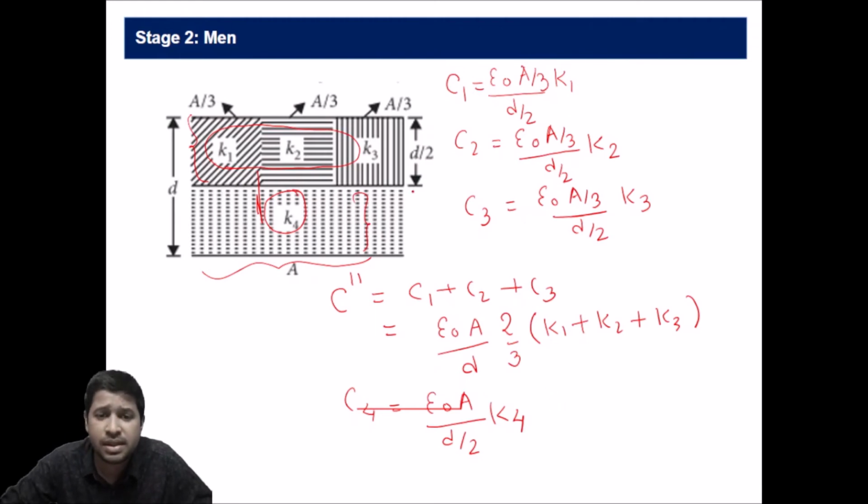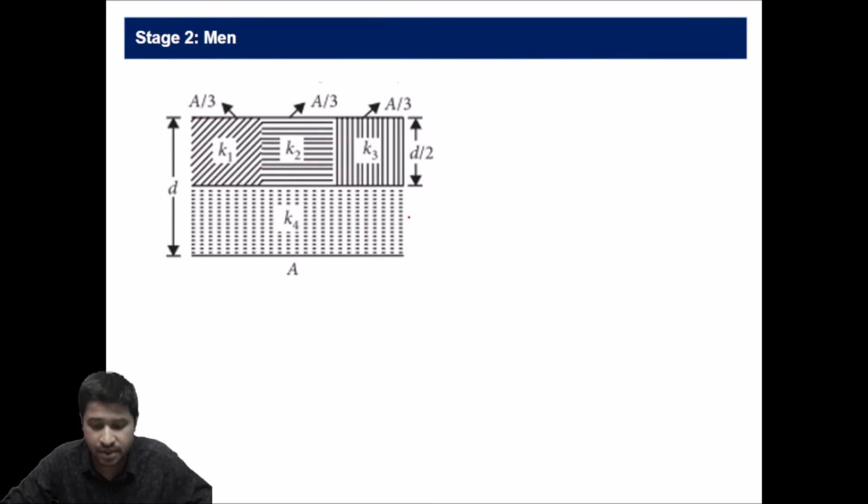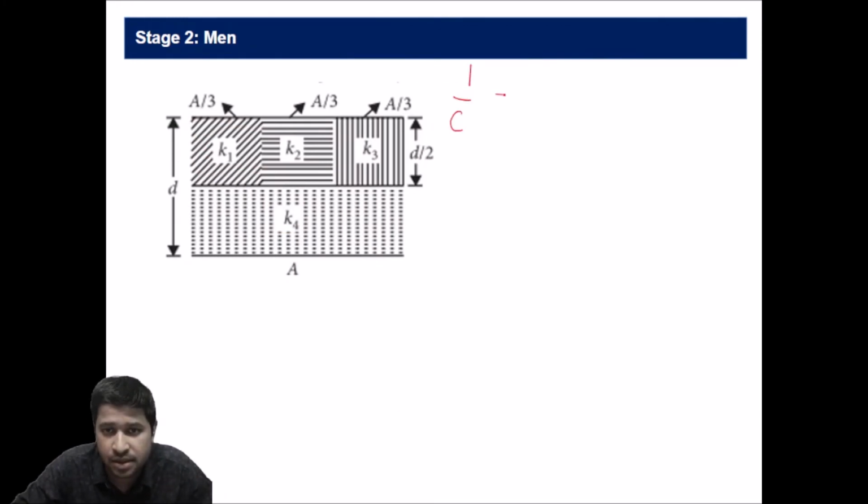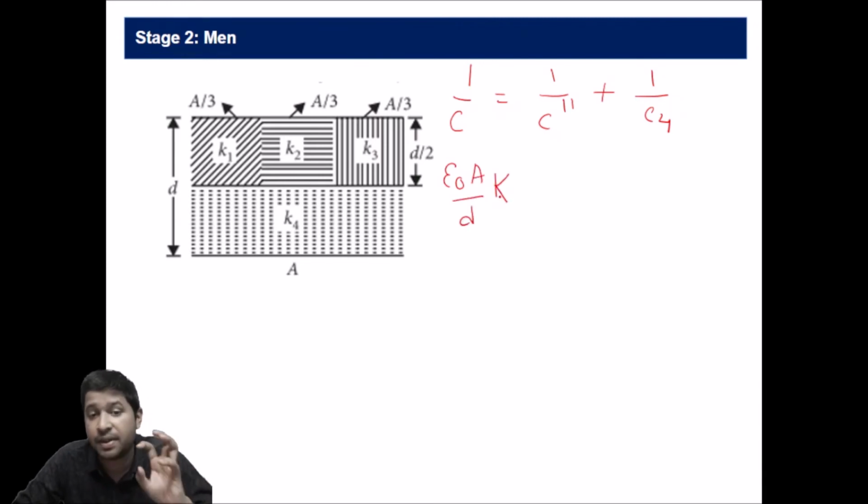Now since these two are in series, the total capacitance will be given by 1 by the total capacitance is equal to 1 by this C parallel comprising of these three parallel capacitors plus 1 by C4. Now this entire capacitor will have capacitance epsilon naught A by D into K, where K is the effective dielectric constant of the entire capacitor.